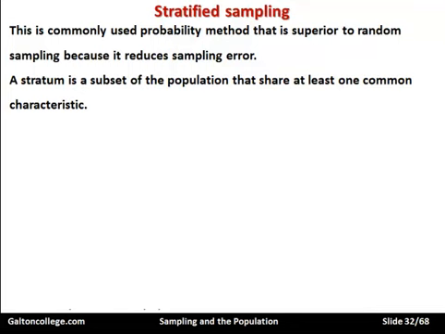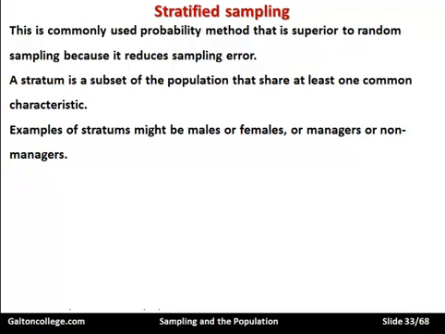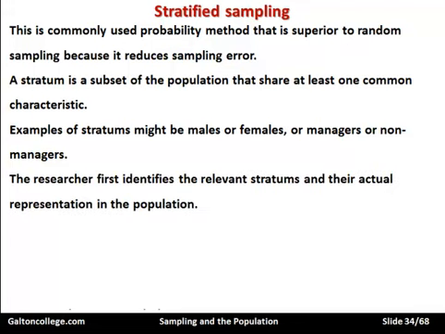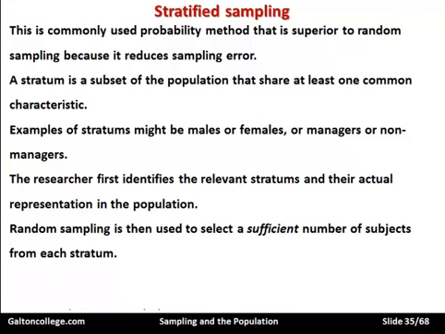As I said, the strata might include males, females, managers, non-managers. The researcher first decides the relevant strata and their actual representation in the population. Random sampling is then used to select a sufficient number of subjects from each stratum.